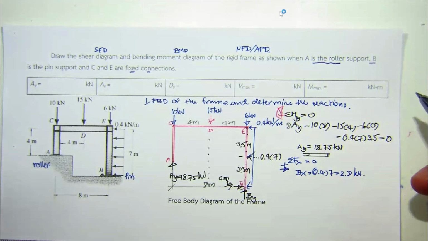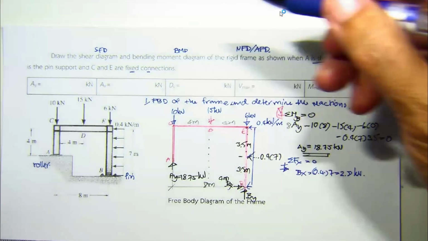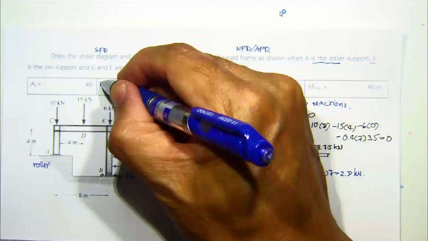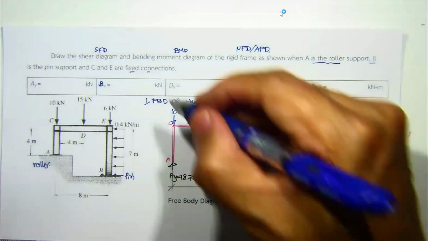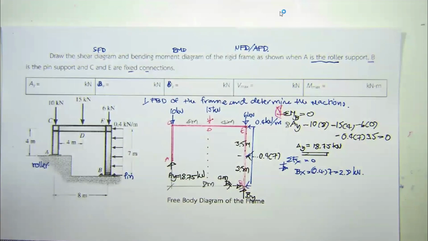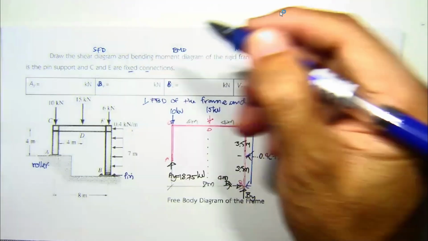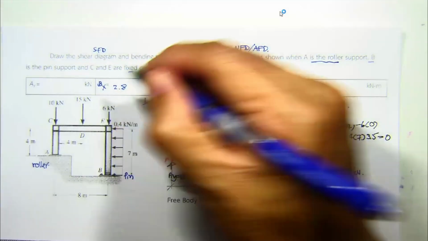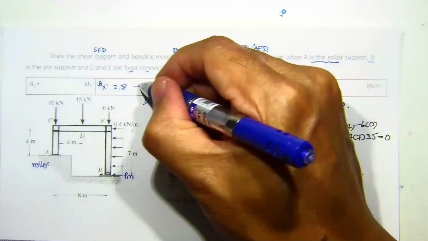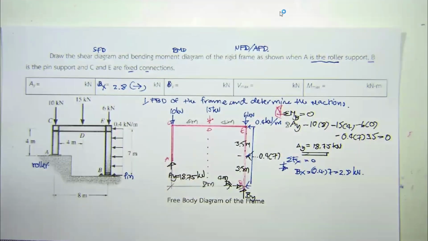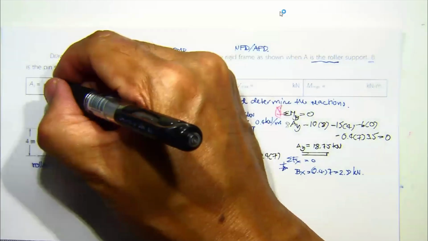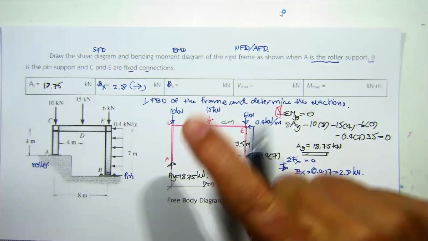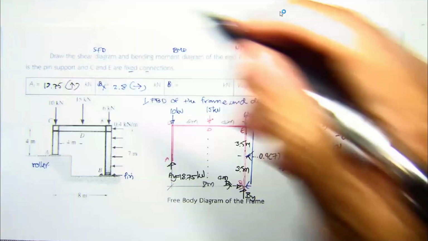Something's wrong here: this should be B sub x, and this should be B sub y and B sub x. We have 2.8 kilonewton in this direction, and for A sub y we have 18.75, upward. Just check this one.